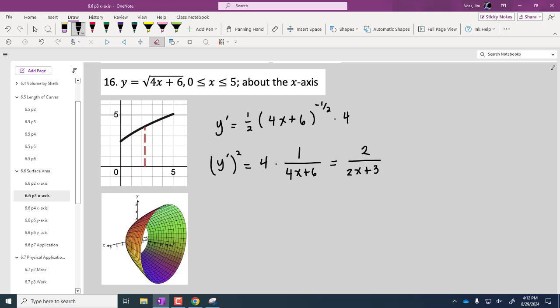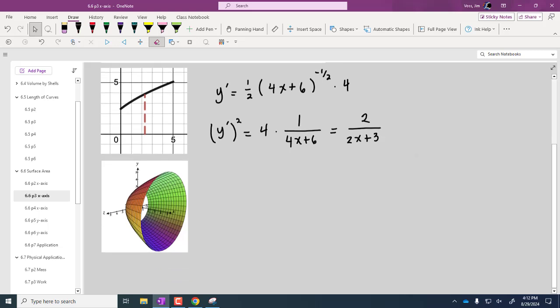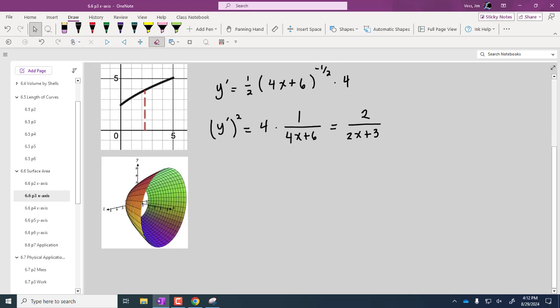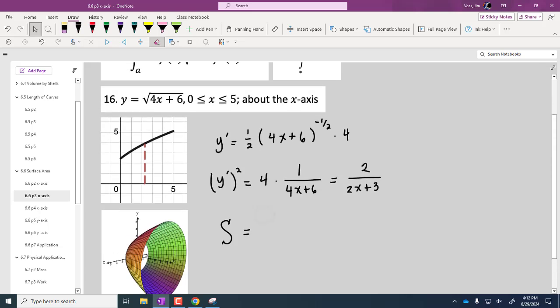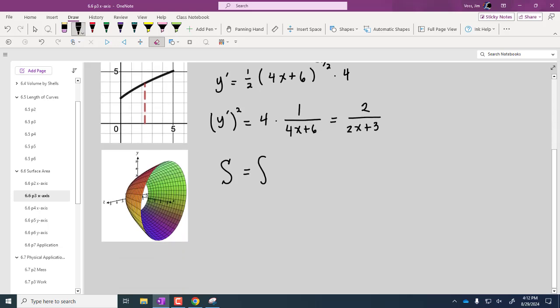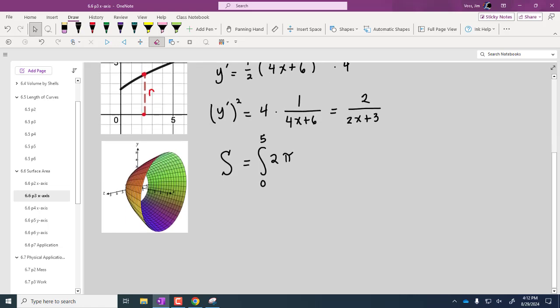All right. So now let's put it into the surface area formula. So surface area, capital S, is going to be the integral from 0 to 5 in this case. When we look at our picture, there's the radius. The radius is measuring from there to there, which is what the function does. So we're going to have circumference 2 pi r.